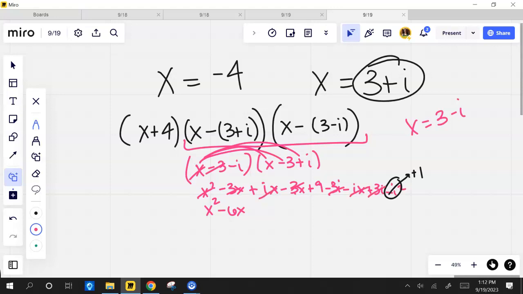These 3 i's cancel out. Plus 10. So now this gives me x to the third minus 6x squared plus 10x. And now I'm going to bounce the 4 to everybody. 4x squared minus 24x plus 40.